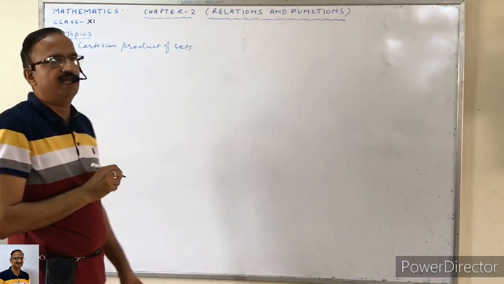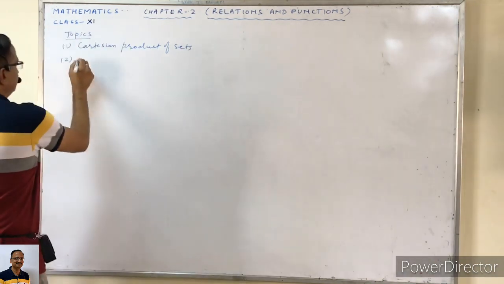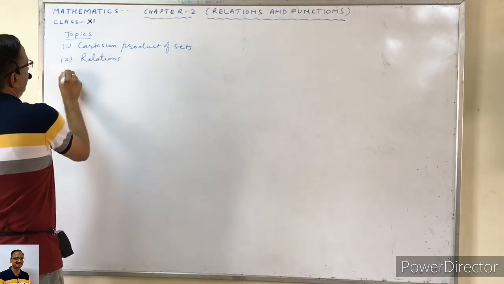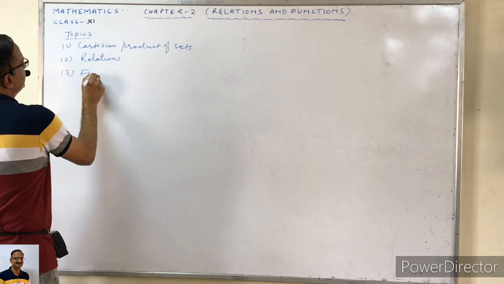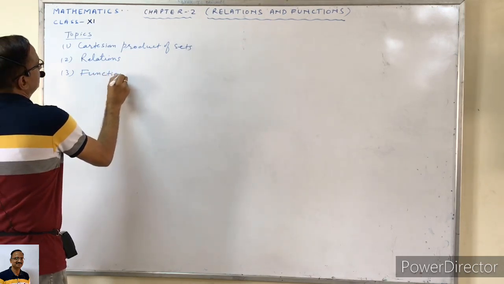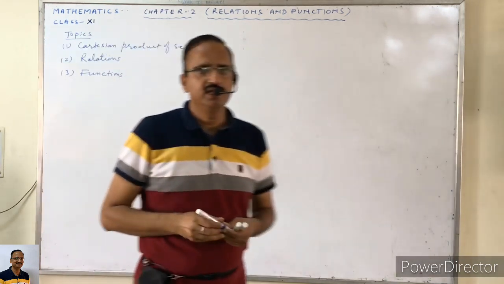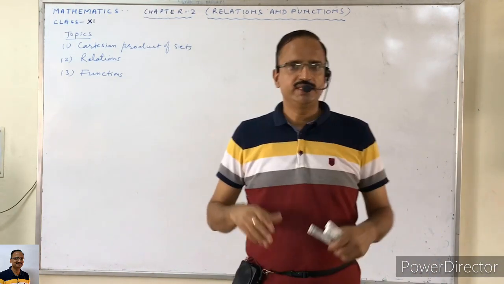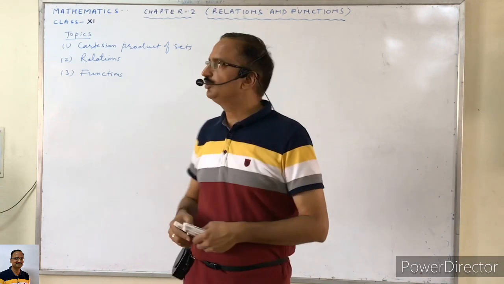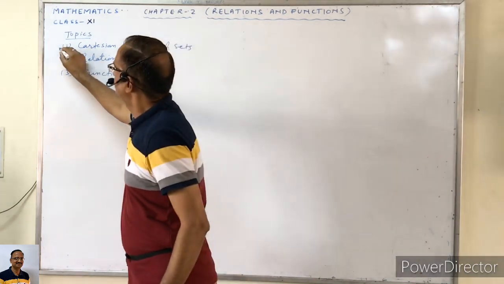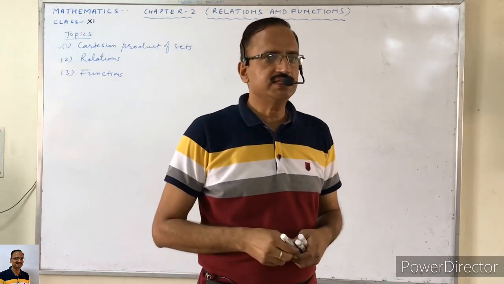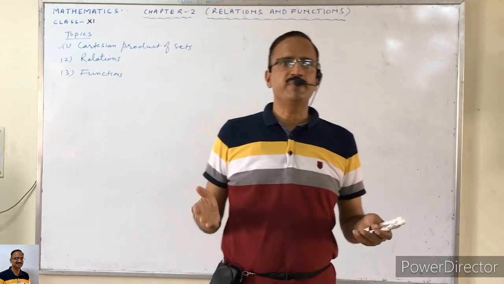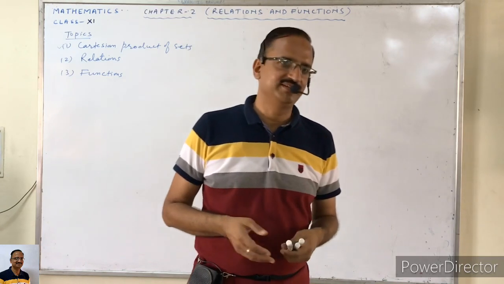Second topic, relations. And third topic is functions. So these are the topics that we will learn in this chapter. In this lecture we are going to start the first topic. We will discuss what is Cartesian product of sets and a few questions from exercise 2.1.